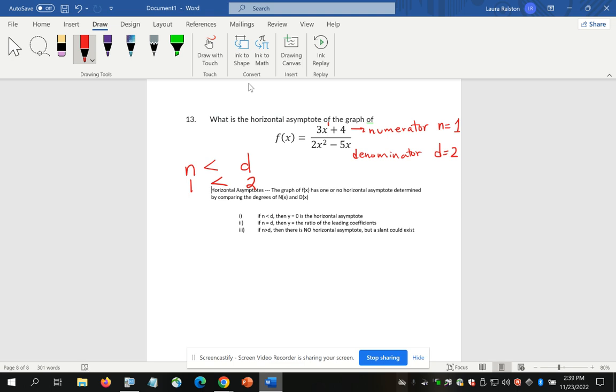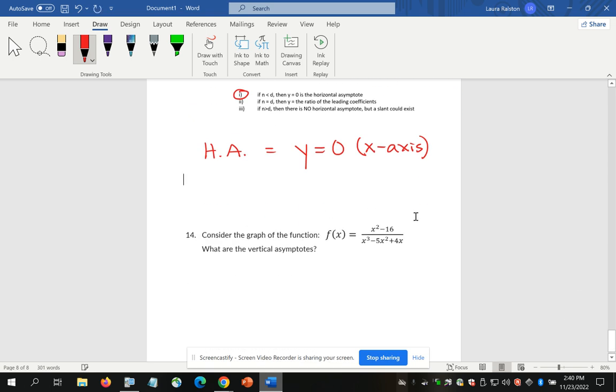The guidelines tell us that if the numerator is less than the denominator, the horizontal asymptote is y equals 0, or the x-axis. Every time, all the time. So you need to have those rules either memorized or written down in your notes somewhere so that you can refer back to them if you have a question related to horizontal asymptote.